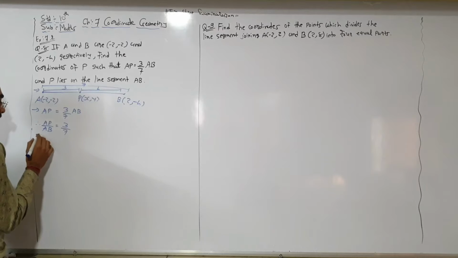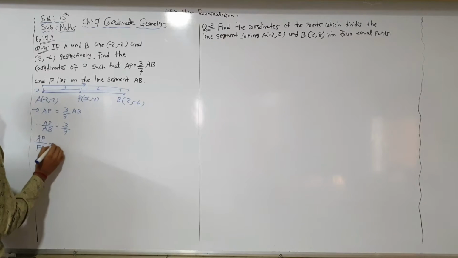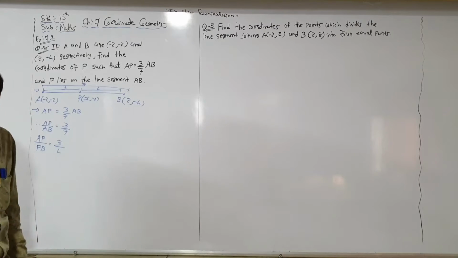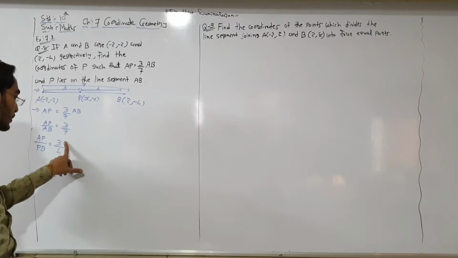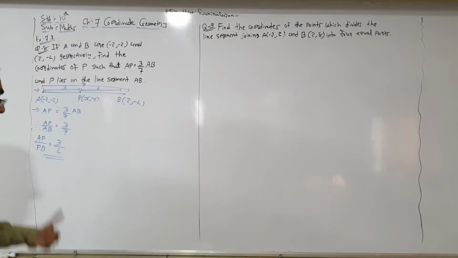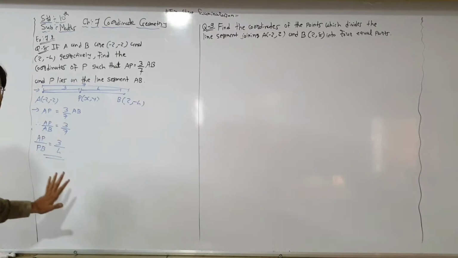Right? So from here we can write AP upon PB is equal to 3/4. Okay. So students, here we have the ratio 3/4. This ratio we need to consider here.